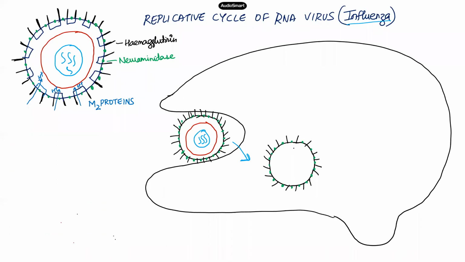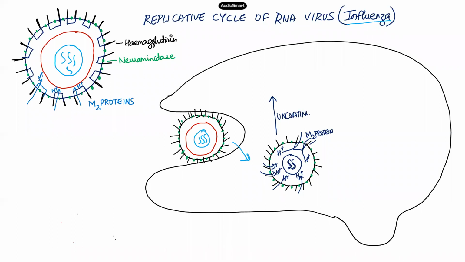Now here, let me just write it, the genetic material. These are your M2 proteins, right? What they do is they cause influx of proton inside, right? They cause influx of proton inside. Now, this influx of proton is actually responsible for the process of uncoating.